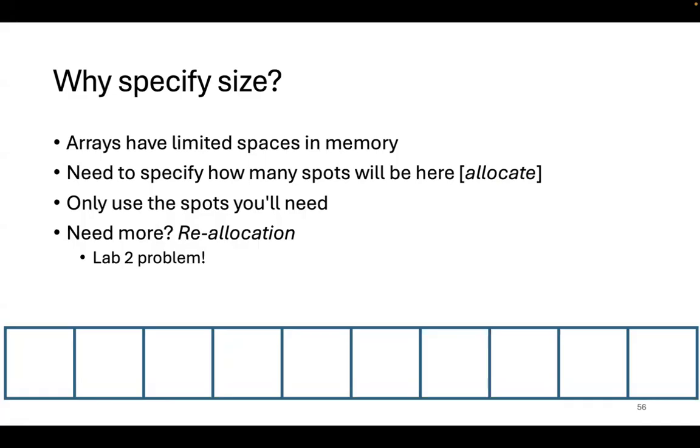If we fill up all of the spots and we need more, we need to do a process called reallocation, where we make a new array that's bigger, copy everything over, and then use that new version. So that'll be a problem for lab 2.